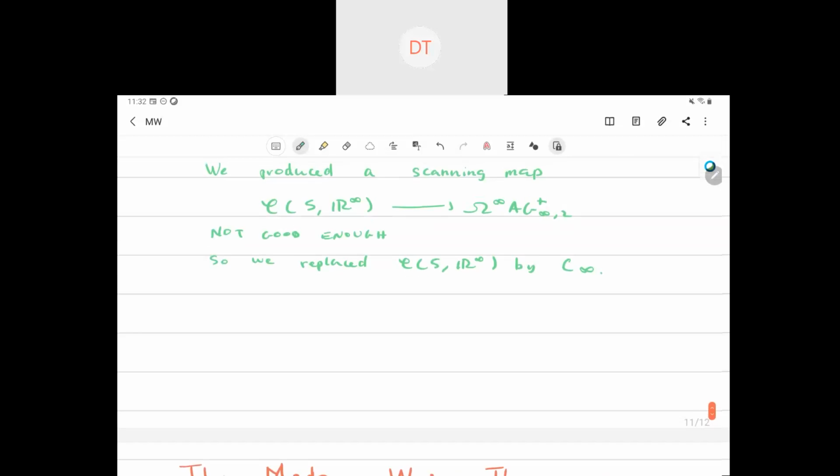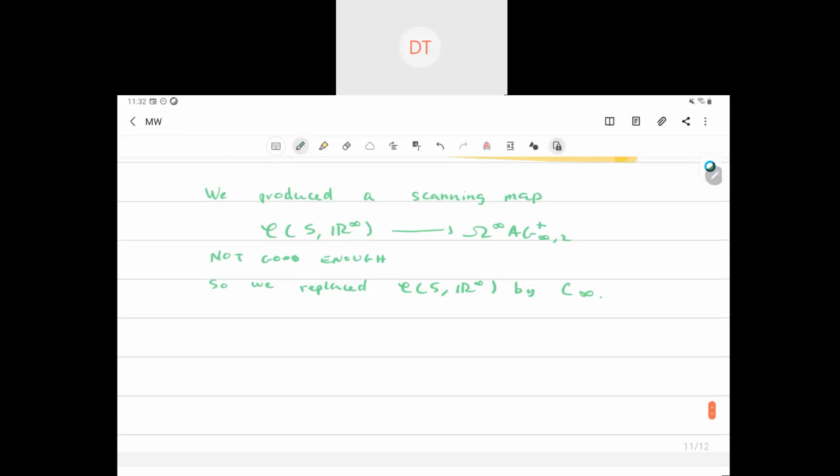And now we have the C infinity. The ideal thing would be that now that we fixed this initial issue with the scanning map, maybe this map is good enough. So one would hope that we do get an equivalence there.